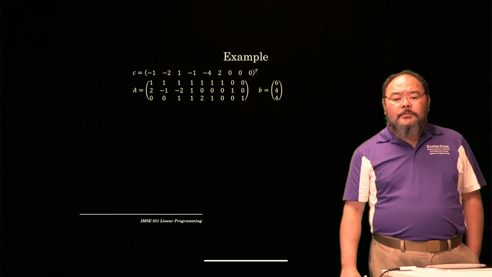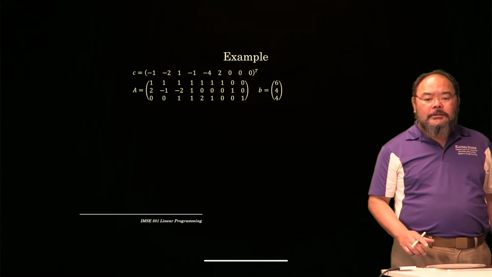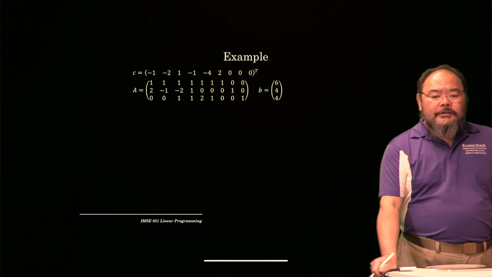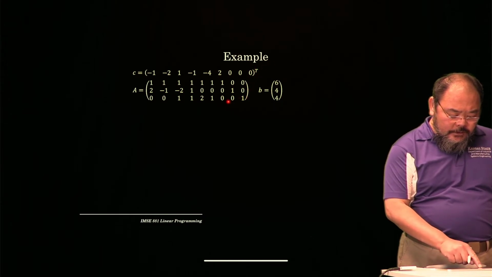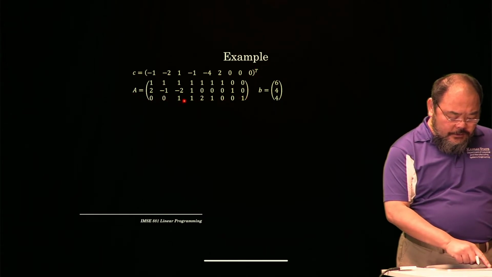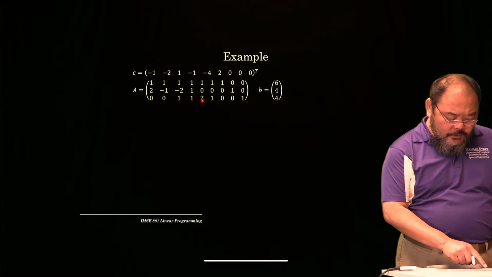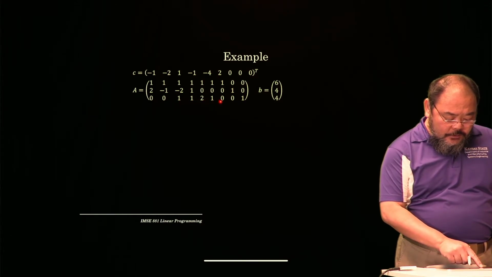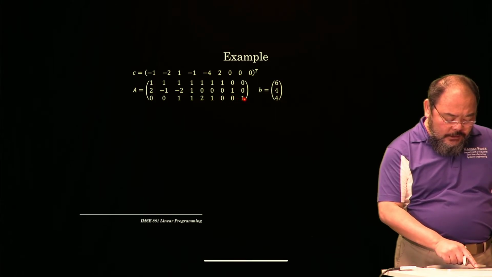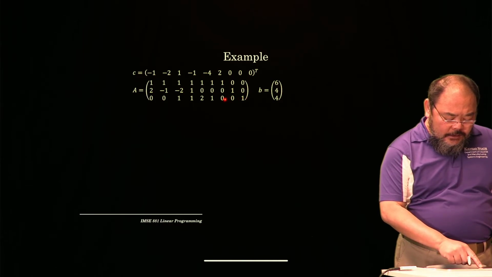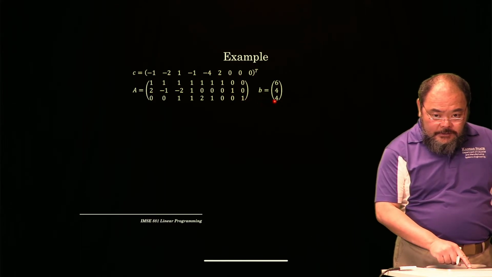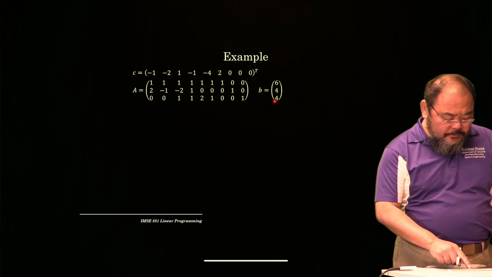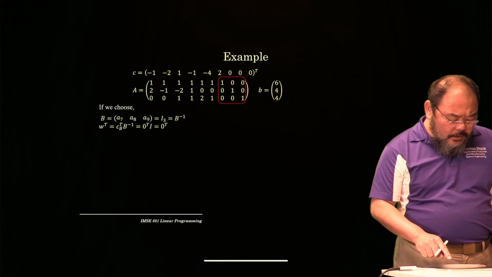Let me give you an example of how this saving works. In this example, C is the cost coefficient, and A is the constraint matrix. We have a total of 9 variables, x1, 2, 3, 4, 5, and so on, and the last three, x7, x8, and x9, are the basic variables. The right-hand side is 6, 4, 4.